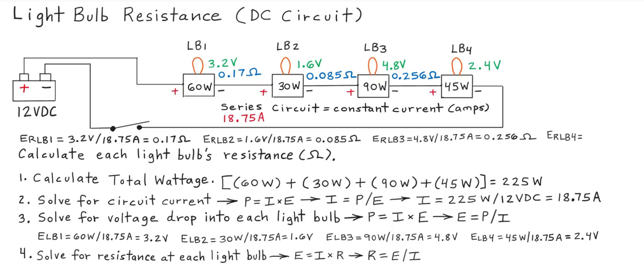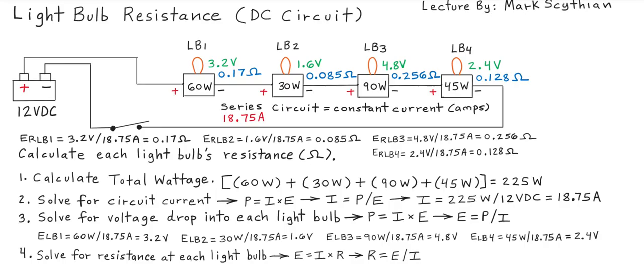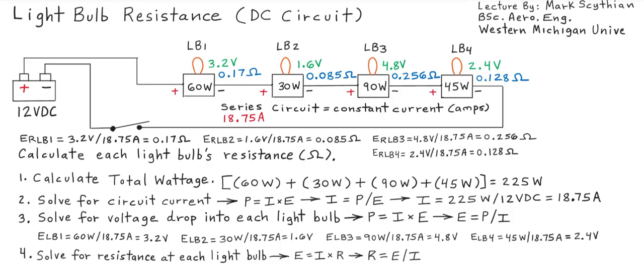And then light bulb 4 is 0.128 ohms. So now each light bulb's resistance value has been solved. So follow these 4 steps to solve for light bulb resistance in DC series electrical circuits.